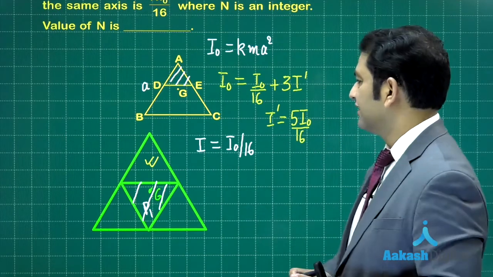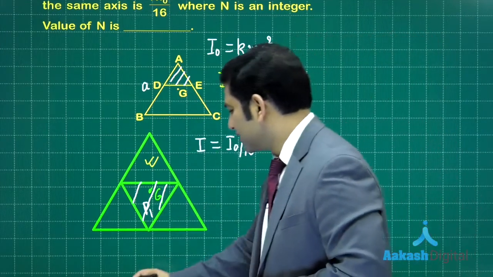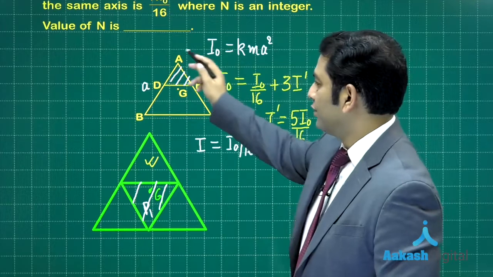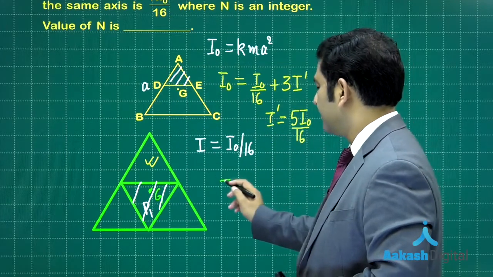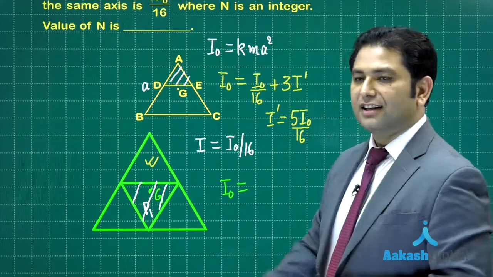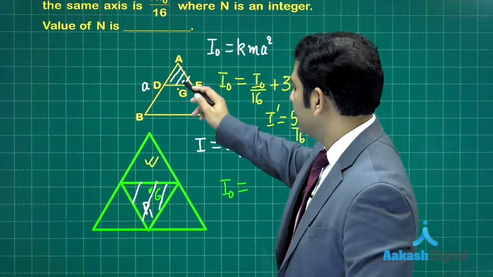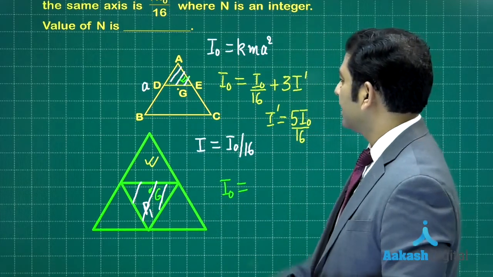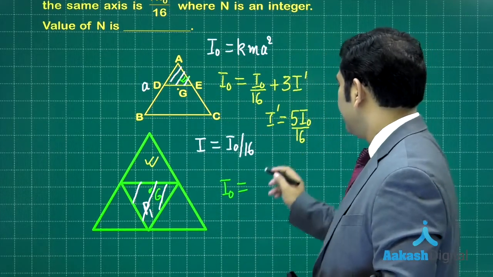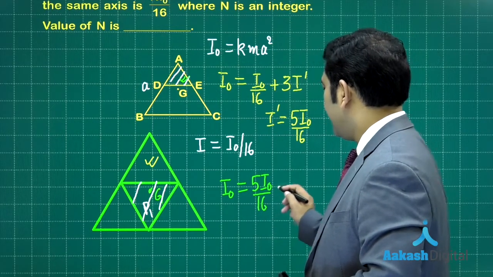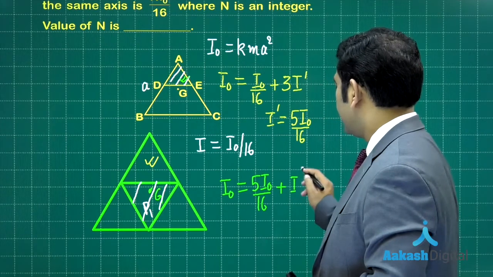All right. Now back again to the same story. Let's see another alternative viewpoint. Coming back to this, the total moment of inertia I naught will be equal to the moment of inertia of this particular plate about the axis G, which is 5 I naught by 16, plus the remaining one, let me call it I dash.